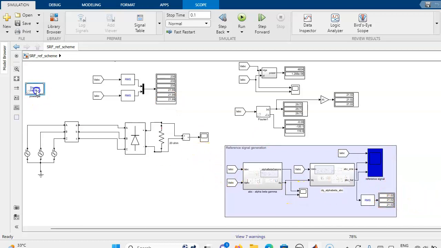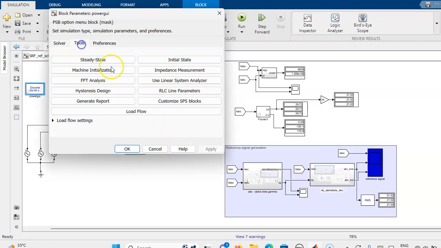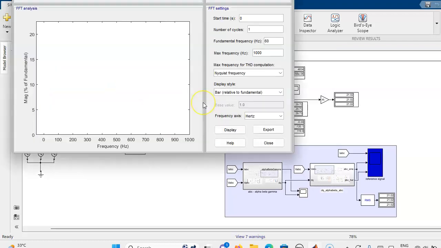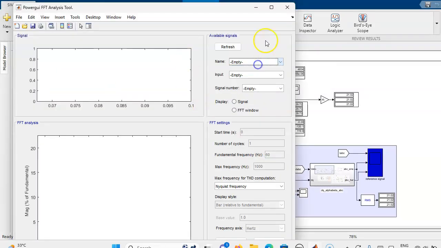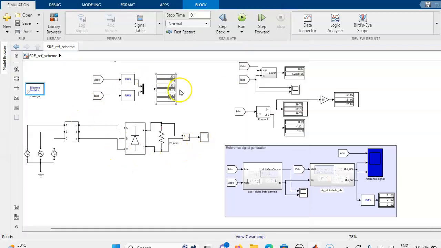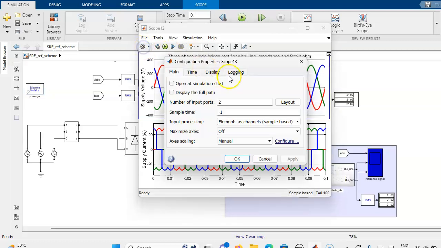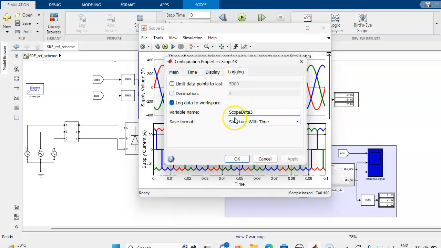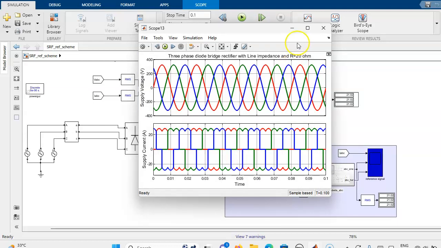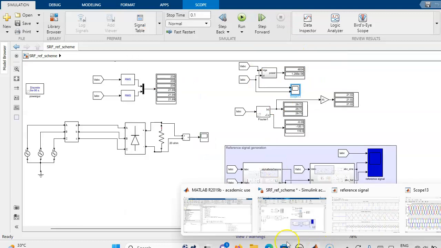Here we can even find out the FFT analysis by keeping the signal here in the scope. In the settings and logging, we can get the scope 3 data structured with the time, so that we will get the signal here.